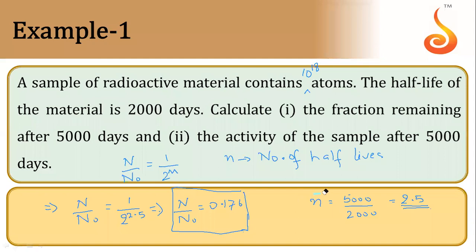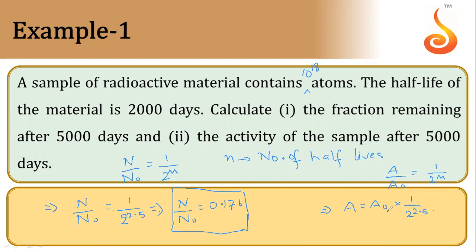Next part of the question is to find the activity of the sample after 5000 days. So we have the same relation for activity, that A by A naught is equal to 1 by 2 raised to power n. So activity will be A naught, the initial activity, into 1 by 2 raised to power n, that is 2.5.